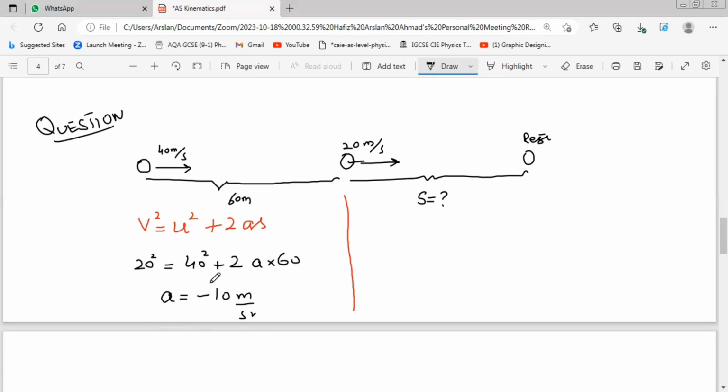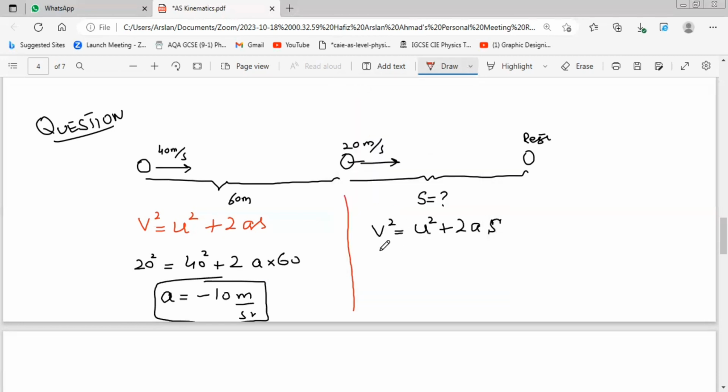We will use this value to calculate the distance when the object comes to rest from 20 meters per second. So we will use the fourth equation again. v square is equal to u square plus 2as. v is final velocity, u is initial velocity, a is acceleration and s is the distance we have to find.